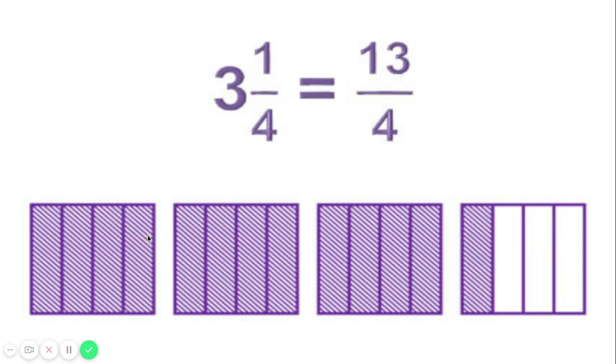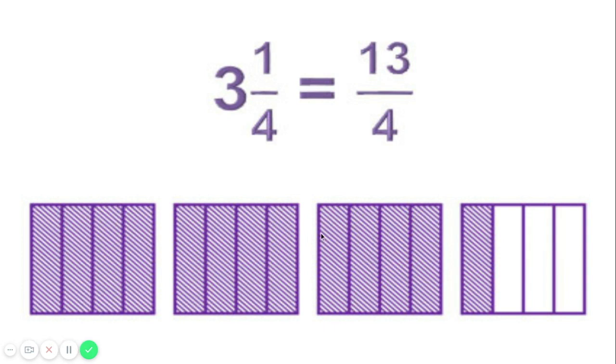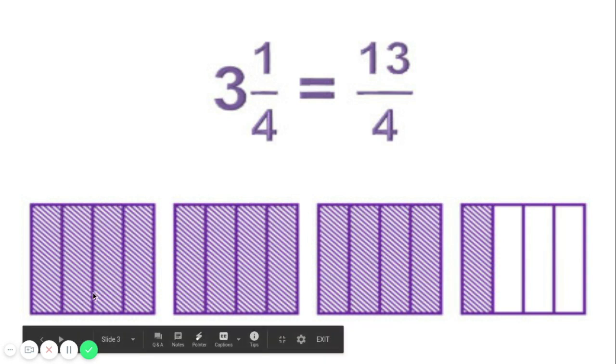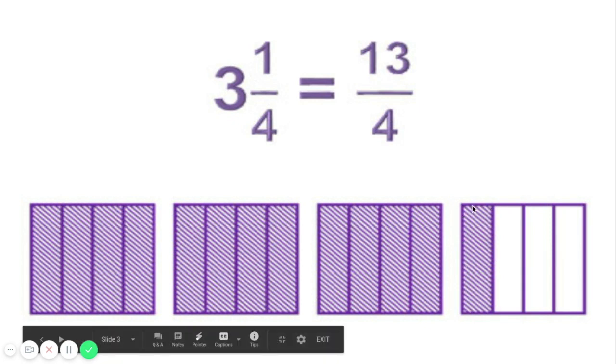Well, 4 parts in the first, 4 plus 4 is 8. So 2 squares would equal 8. And then 4 plus 4 plus 4 is 12, and so that would be 3 full squares. And then we have 1 more quarter shaded in on the 4th square to equal 13/4.